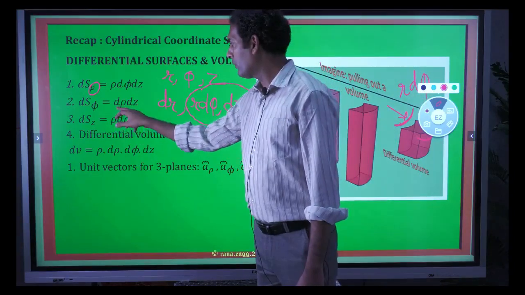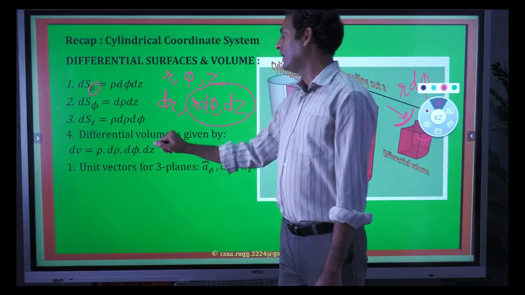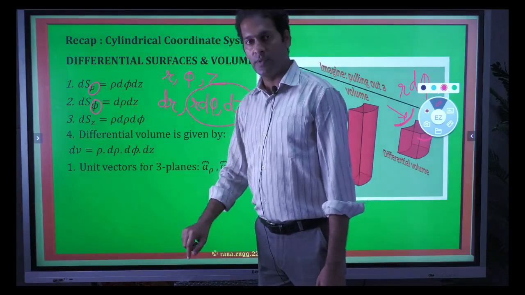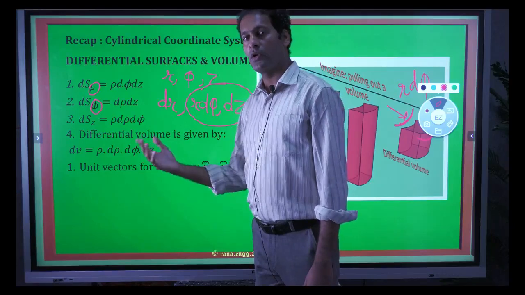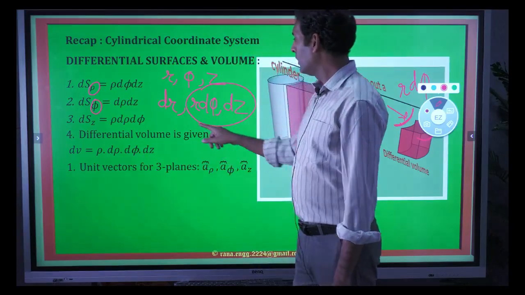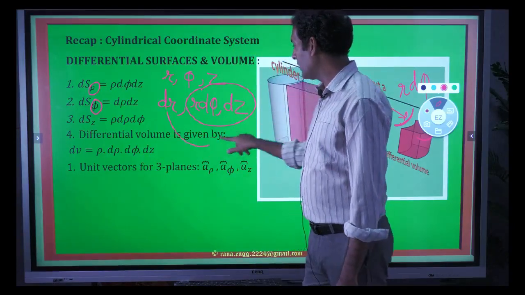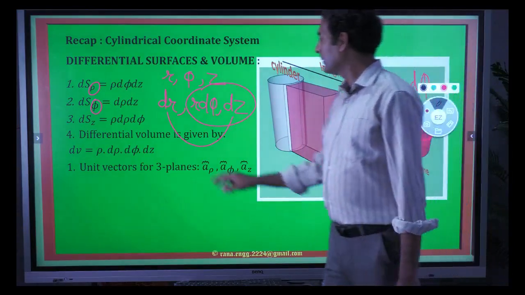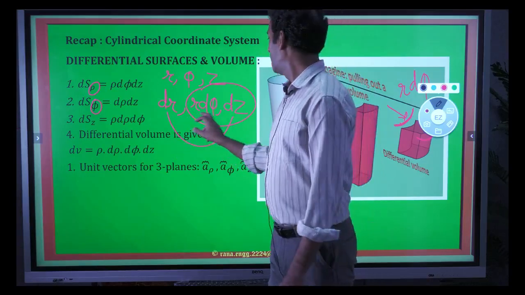So it is r d phi dz. Then for ds phi, the phi constant plane, it will be the product of the other two components, dr and dz. So it will be dr dz.